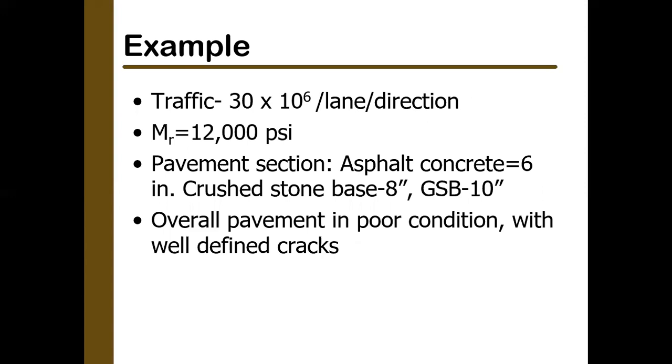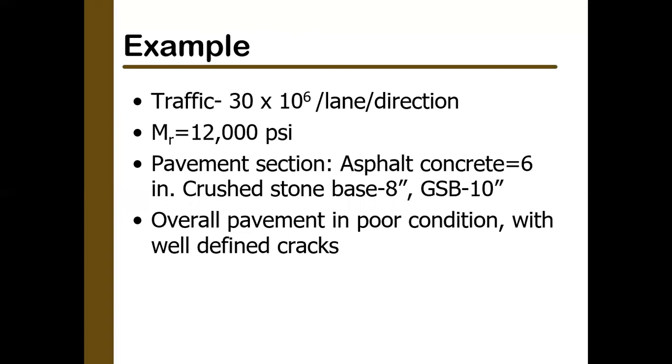You have been given traffic of 30 million per lane per direction, equivalent single axle load of 18 kips. The resilient modulus is 12,000 psi. The detail of the pavement section is asphalt concrete 6 inches, which includes bearing courses and base. The crushed stone base is 8 inches, granular subbase 10 inches.